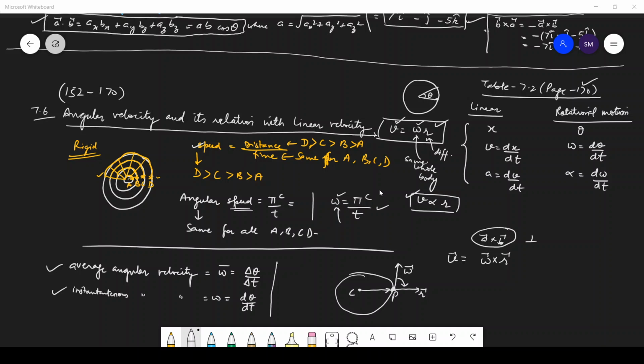vertical. Keep your fingers in vertical direction and move them towards. See, your thumb will point along one of the axes, like x or y, whatever you are taking as the horizontal axis. Your thumb will point along one of them.